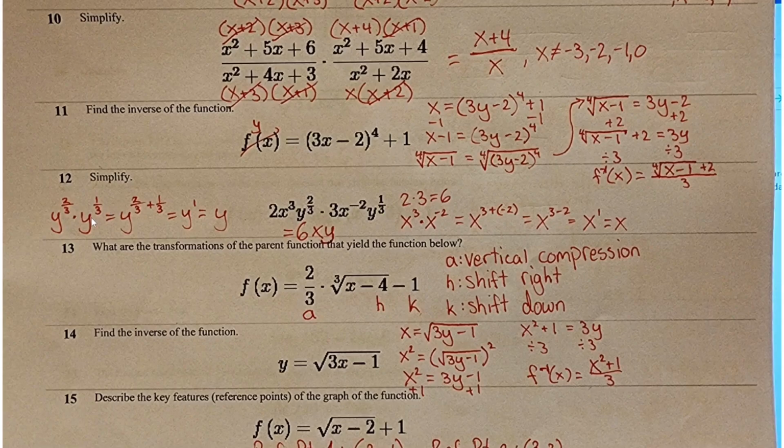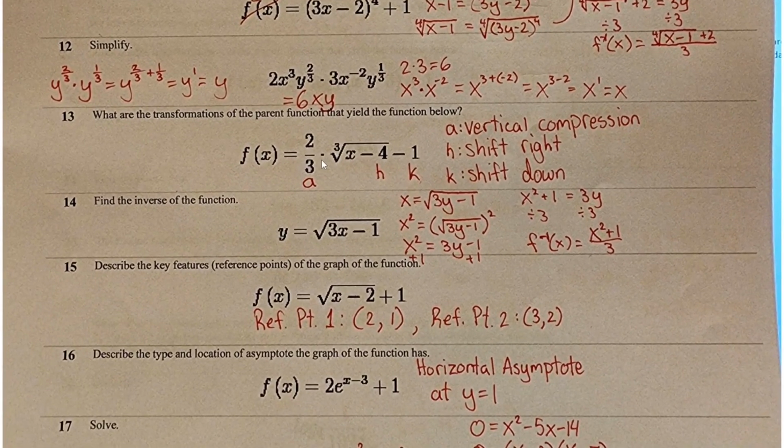But written in exponential form like this, we can just do the same math that we just did, add the exponents because you're multiplying two of the same base. 2/3 and 1/3 makes 3/3, aka 1, and y to the power of 1 is just y. So we ended up with 6xy, and that's our answer.